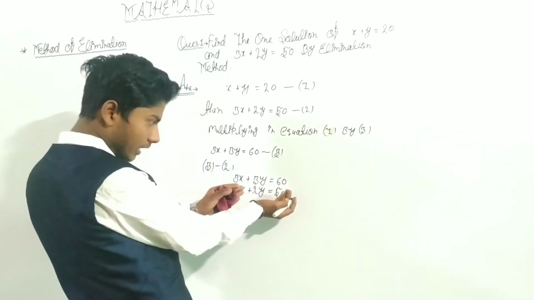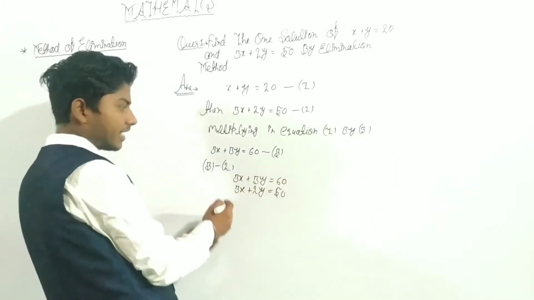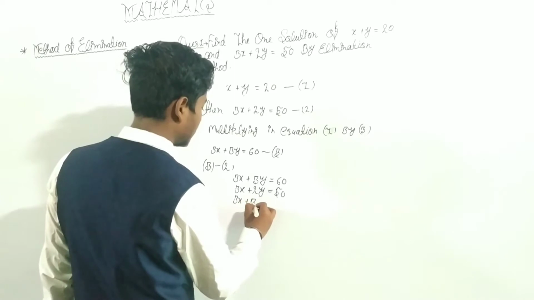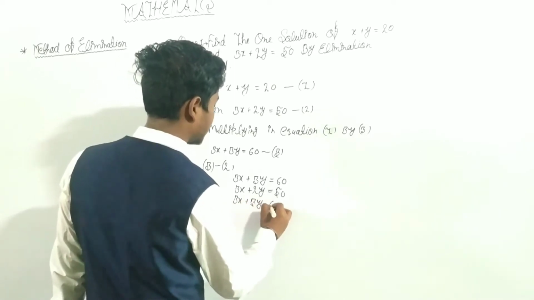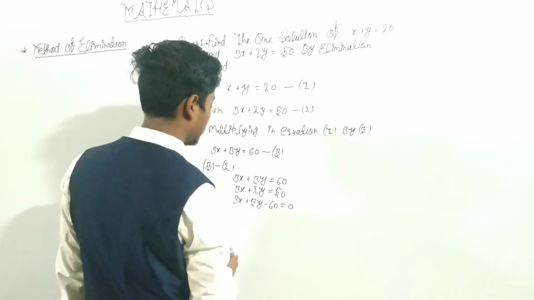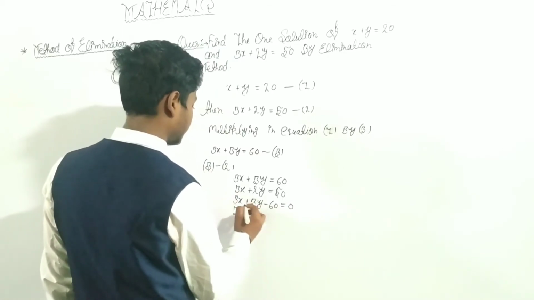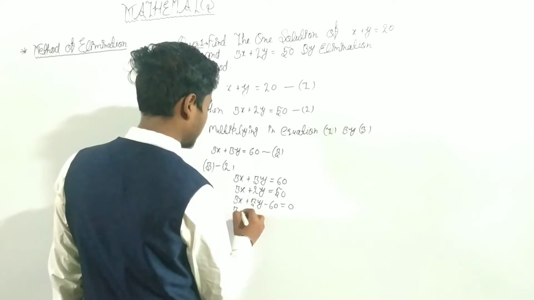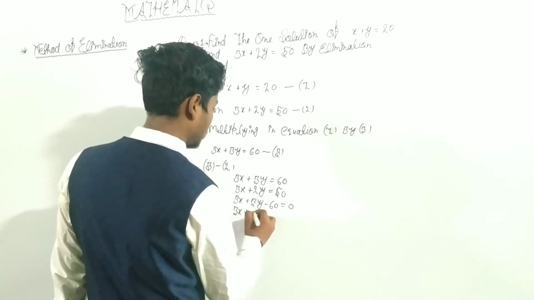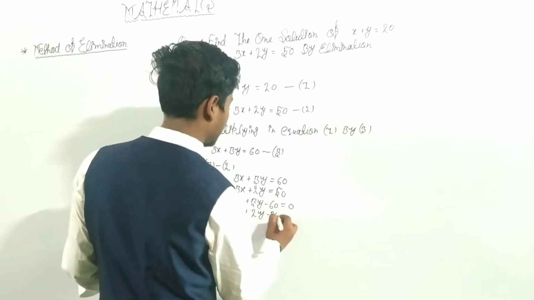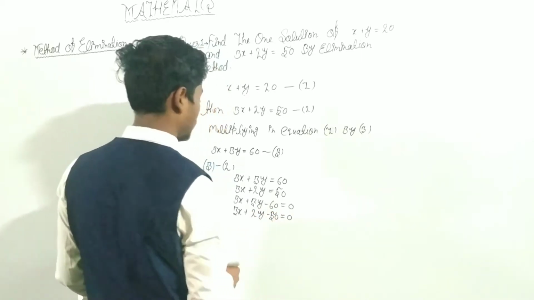Now we take the terms inside: 3x plus 3y minus 60 is equal to 0, and 3x plus 2y minus 50 is equal to 0.